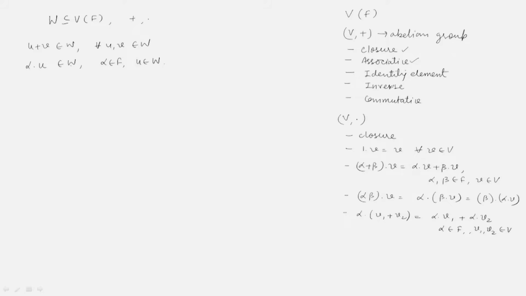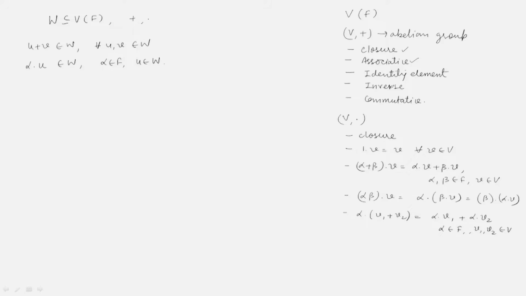So, that means 0 belongs to W. So, we have shown the existence of the identity element with respect to addition. Now, for the inverse you simply replace alpha by minus 1. So, minus 1 dot u is minus u, which we have already shown. So, that means the inverse element with respect to addition also exists.